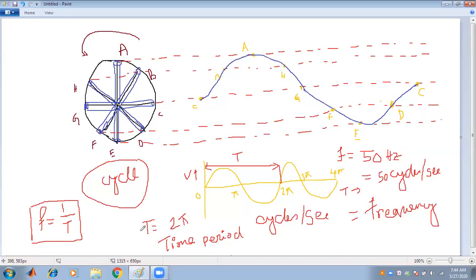Here is the pictorial view of the sine curve, followed by the concept of frequency as cycles per second, then the time period, and the relationship of frequency with time period is also shown here.